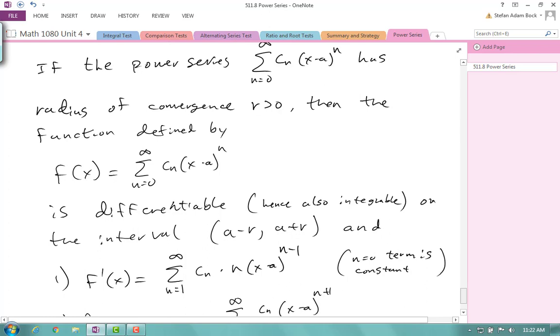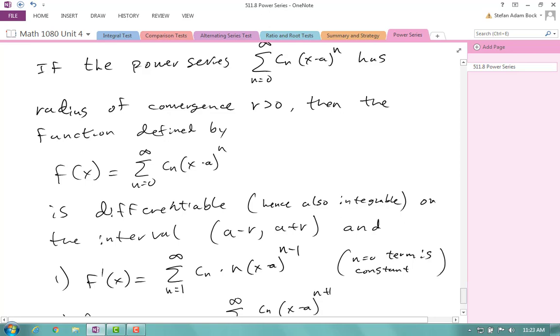So, if you have a power series, the sum as n equals 0 to infinity of c sub n times (x minus a) to the n, so just a generic power series. If it has a radius of convergence, r, which is positive, so it converges somewhere other than its center, then the function defined by the power series, or the function which has this power series representation, is differentiable, and therefore also integrable, on the open interval of convergence.